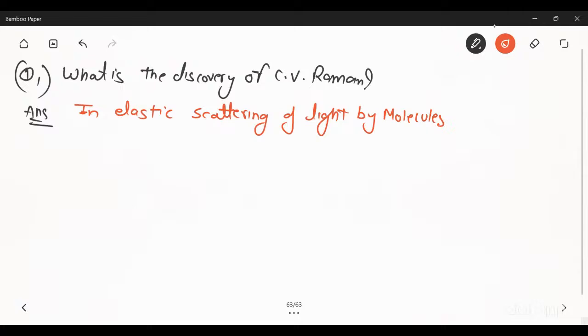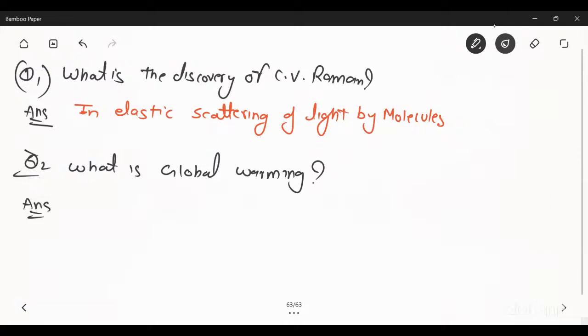What is global warming? You have to remember all these answers, as these are the one-mark questions and not too much to explain. So what is global warming?